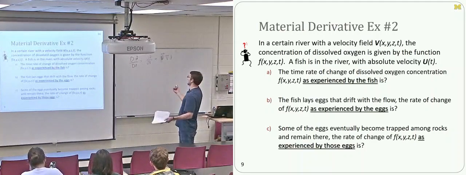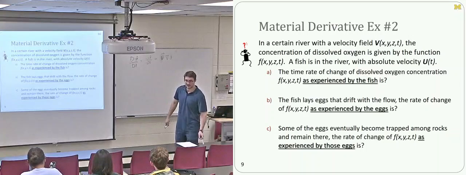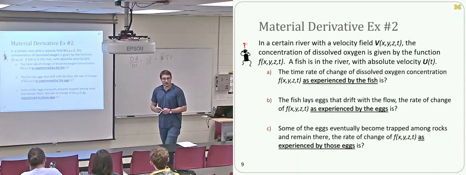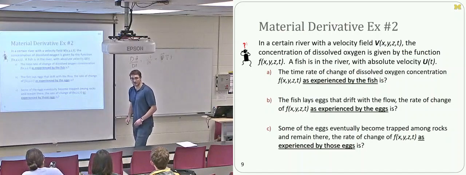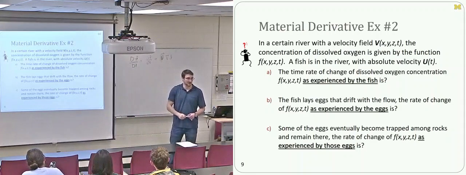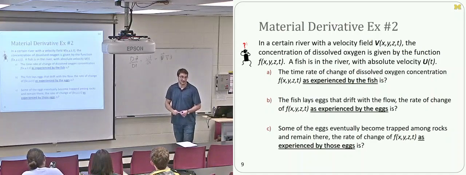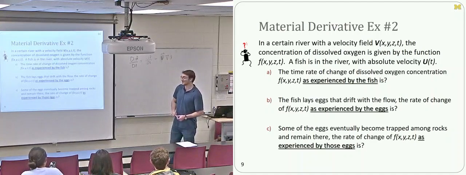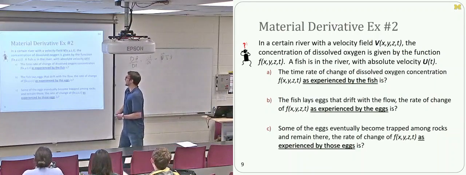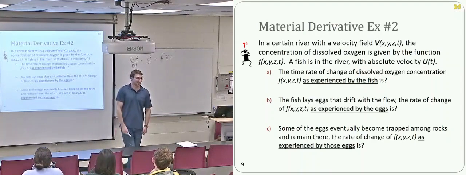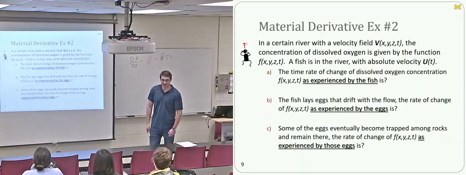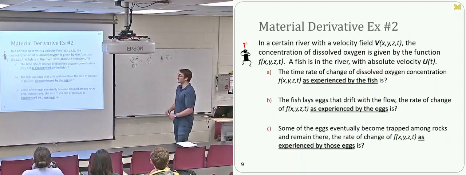We have velocity of the fish. We have velocity of the river. Why aren't we concerned with accounting for the river's flow? Ask for the fish. That's for the fish. Yeah, exactly. Because we have f as a function of space, the flow field has nothing to do with it. It's just the red herring, so to speak.